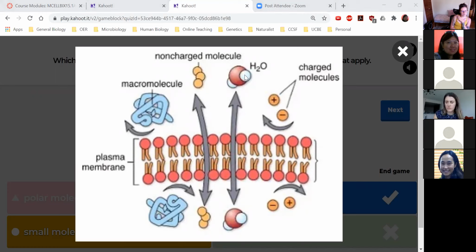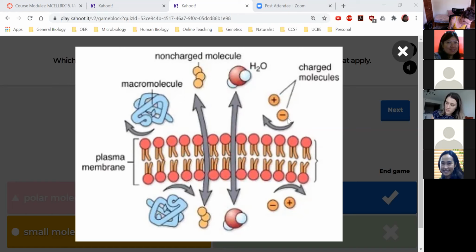Water, for example, carries partial charge, but water is small enough that it can still cross the membrane on its own. Although in cells, most of the time that's too slow by diffusion, so you don't rely on that. We do have aquaporin to help water cross faster. And charge is definitely a factor.